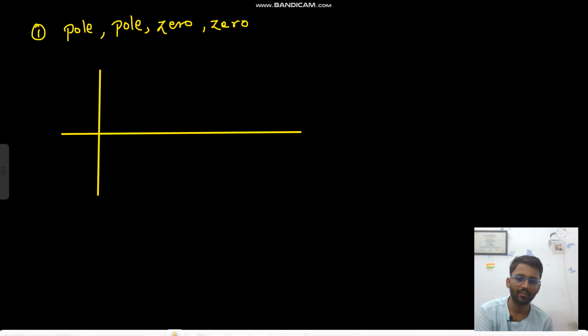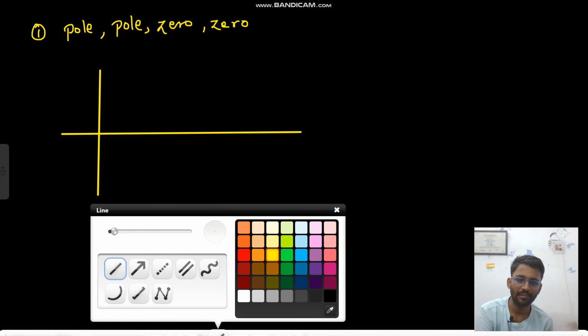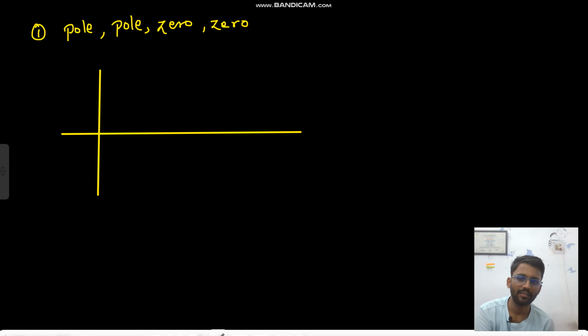First you have the DC 0 dB, then there is one pole, meaning minus 20 dB per decade, then one more pole, meaning minus 40 dB per decade, then one zero, which means plus 20 dB per decade, then one more zero, so it would come down to 0 dB per decade.